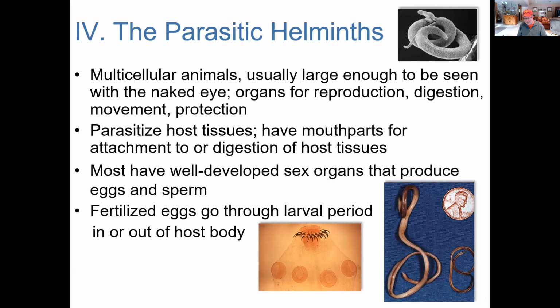So unlike the protists and some of the fungi and some of the algae that you need a microscope to see, in the case of these things, most of the adult forms are very easy to see. There are some microscopic life cycle forms, though, but most are big enough you can see them.